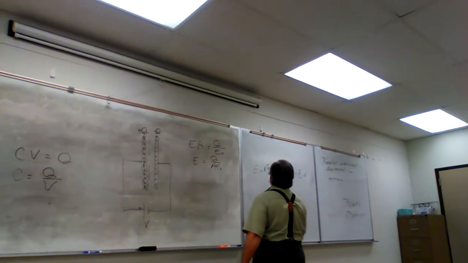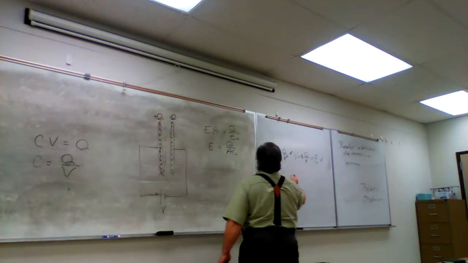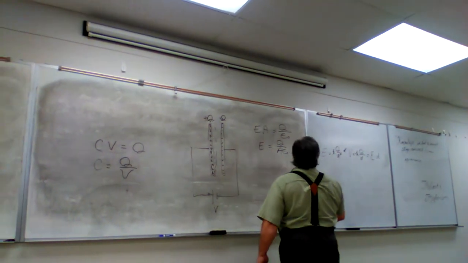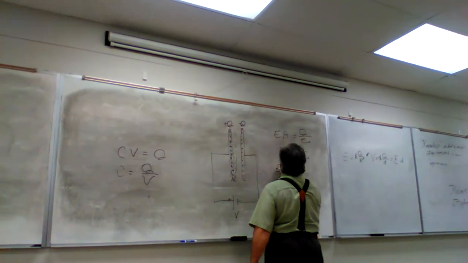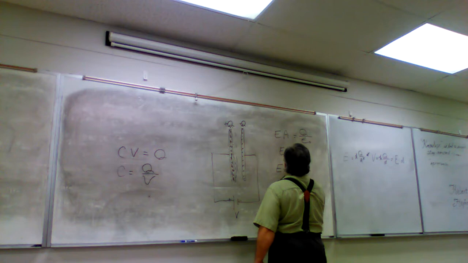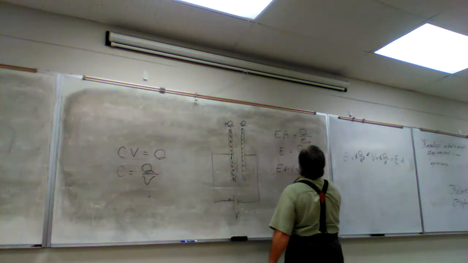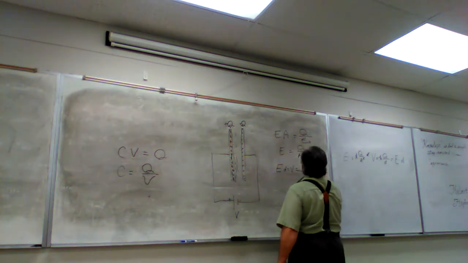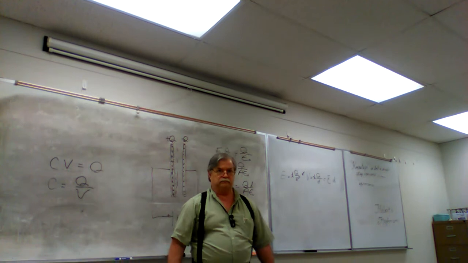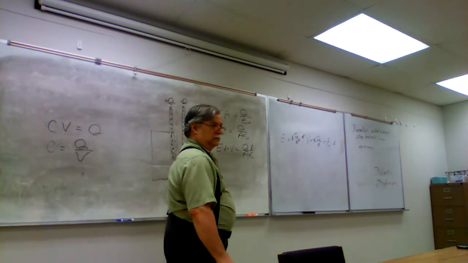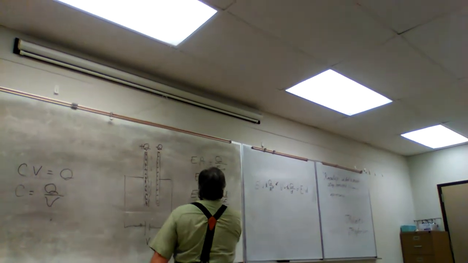So, if I want to turn this into a voltage, I multiply both sides by D, and I get E times D equals V equals Q times D over A epsilon sub naught. That is my voltage.